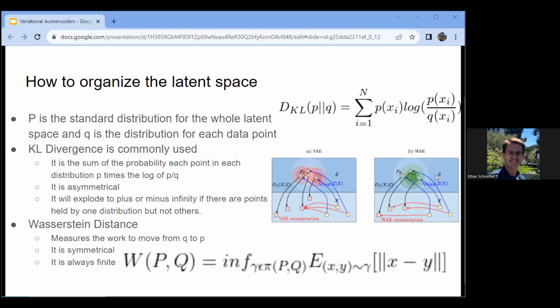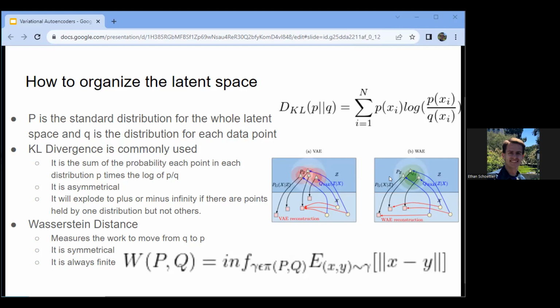And then you try to make it similar to the normal distribution as much as possible with the KL divergence. And for Wasserstein distance, it's not a probability distribution. First you minimize the difference between the input and the output, and second, you simply minimize a mathematical computation, which is the Wasserstein distance, and that's it. Like it doesn't have any distribution in it.